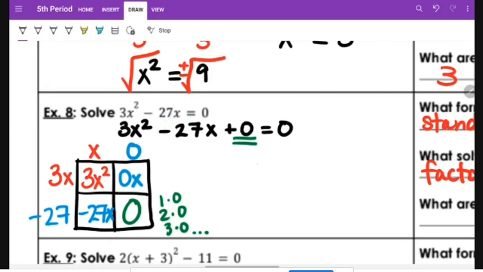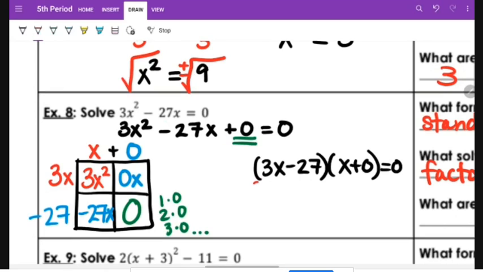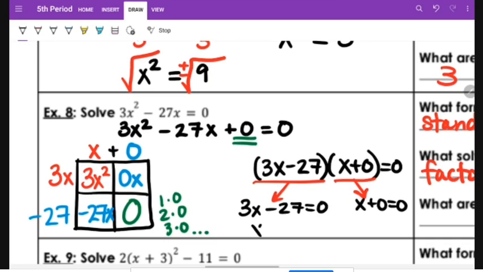So we can factor this into 3x minus 27 times x plus 0. Weirdly enough. And once it's in factored form, you know that one of your factors has to be 0. So you split this up into two separate equations and solve them both for x. You end up with x equals positive 9 and x equals 0.